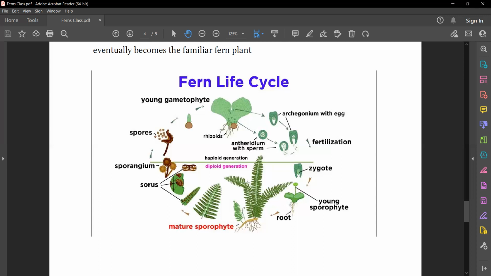So let's say it has 2N, so 2N would be 46. Its sporophytic stage has 2N, which is 46 chromosomes. But if it gets to the gametophytic stage, it's going to be N, so you divide 46 by 2 to give you 23. So at the gametophytic stage, the set of chromosomes will be halved. You get it? This can be a question asked in the exam, so take note.